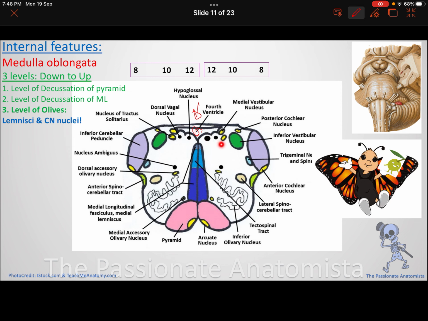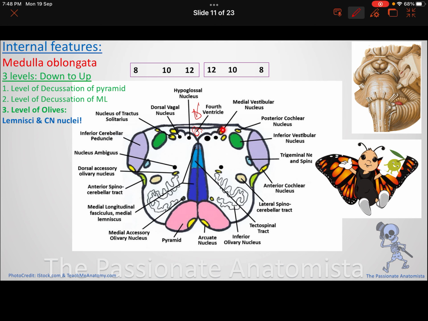Lateral to it, you have the dorsal vagal nucleus, and we have some nuclei other than the dorsal vagal deep here. We're going to talk about them, which is the nucleus of tractus solitarius and nucleus ambiguus. It's the deepest structure. We're going to talk about that.